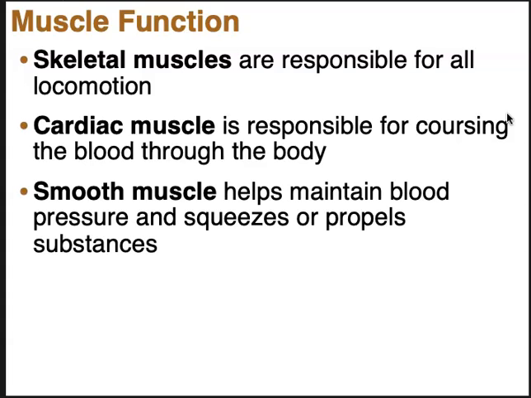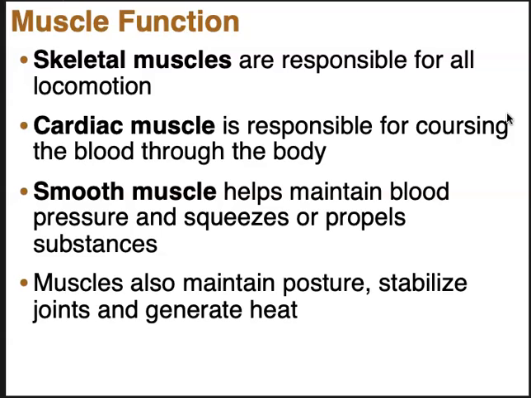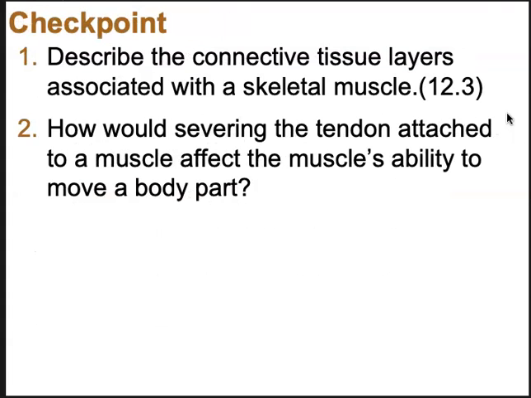Smooth muscle helps maintain blood pressure via the vessels by being able to squeeze and propel, so vasoconstriction and vasodilation. But muscle also is about generating heat and maintaining posture. So muscle is an important part of our functioning systems. And of course, the nervous system oversees the function of all these muscles.